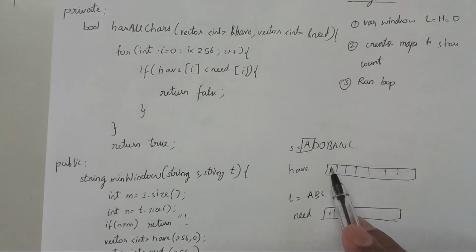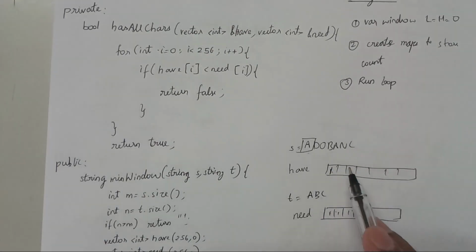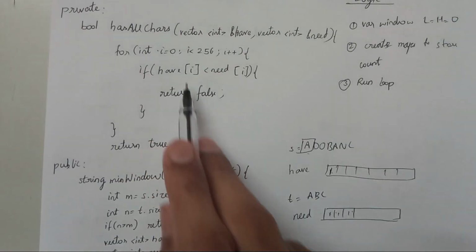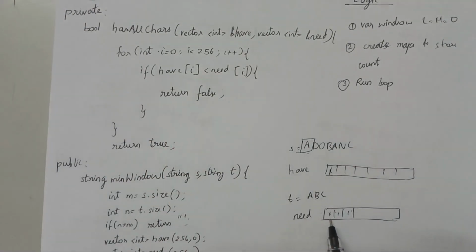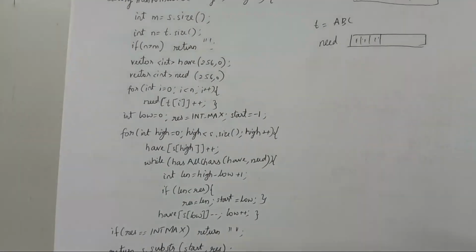And if need is 2, that means we need two A's but only one A is present, then we return false. So this condition is being checked in the while loop.